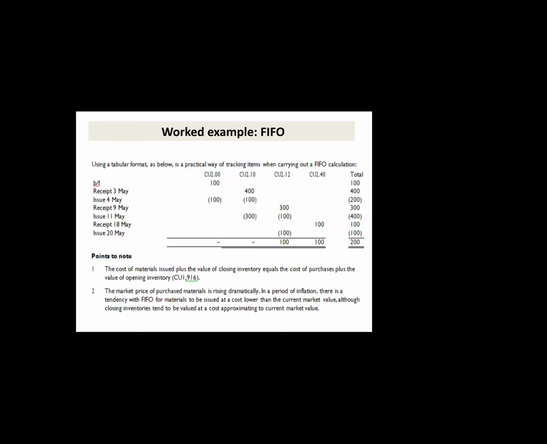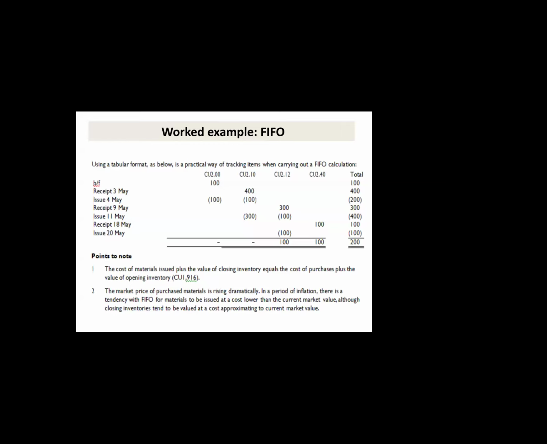The market price of purchased material is rising dramatically. In a period of inflation, there is a tendency with FIFO for material to be issued at a cost lower than the current market value, although closing inventories tend to be valued at cost approximating current market value.